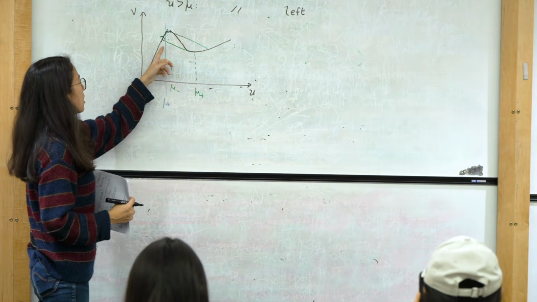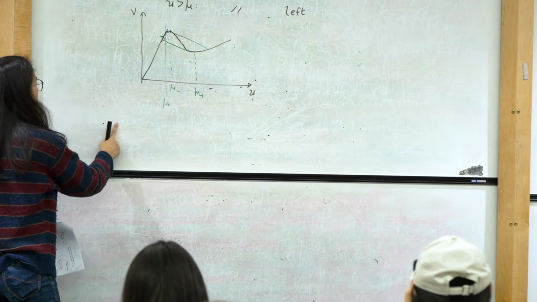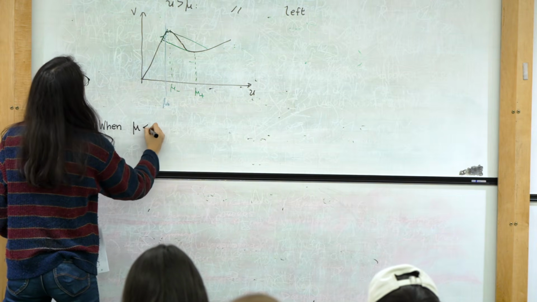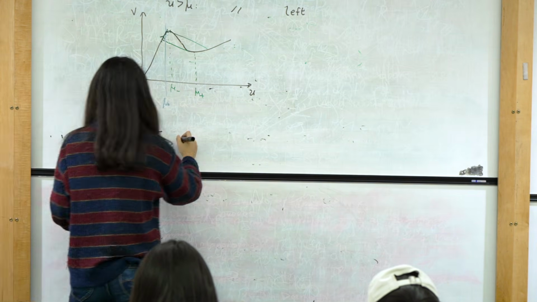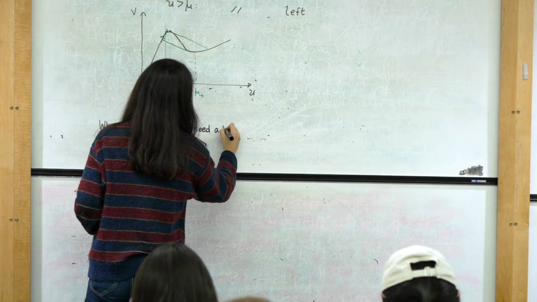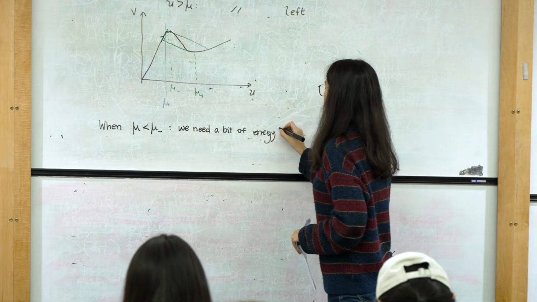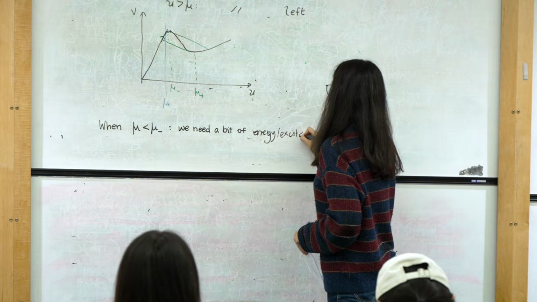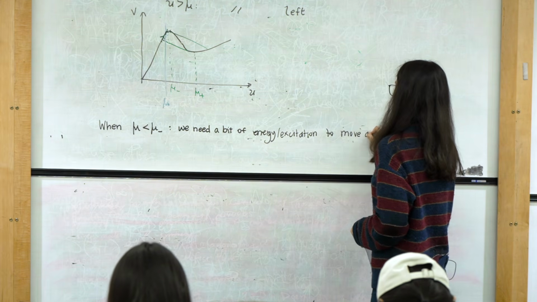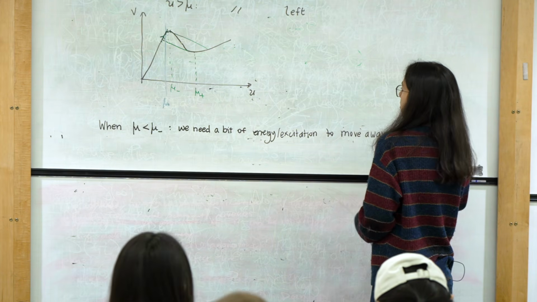But what is the physiological meaning before we do that of this? So I have to tell you what happens in this case. So when mu is less than mu minus, this says that we need a bit of energy or some excitation in the cells in order to move away from this equilibrium point, which is the blue.